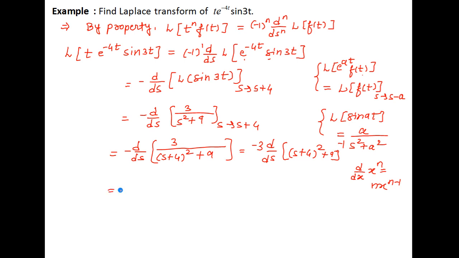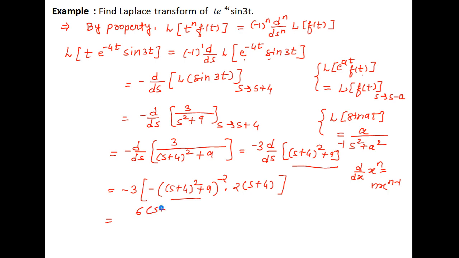So we can write the derivative of the term: minus 3 in bracket, derivative of this term is minus s plus 4 whole square plus 9 bracket raised to minus 2 into derivative of this term, 2 in bracket s plus 4.